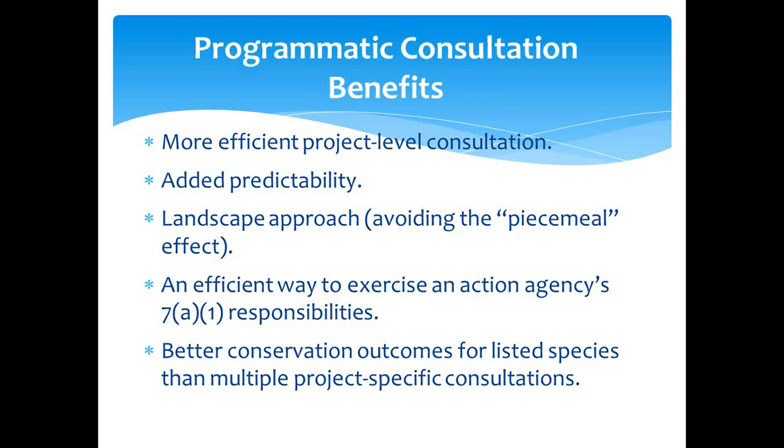You just need to figure out what your impacts were and what is the appropriate compensation to offset those impacts, so that this program in effect could have no net loss to this species and even a net benefit. And that's the bottom line. The benefits of programmatics for all of us is that it's better outcomes for listed species than if we did it project by project.